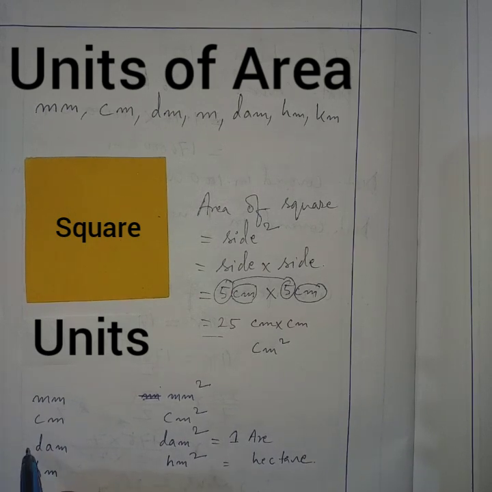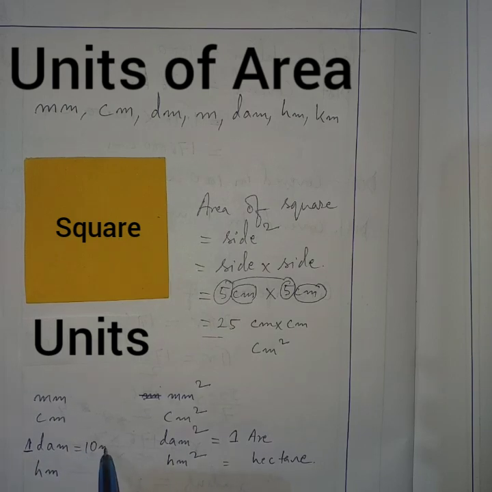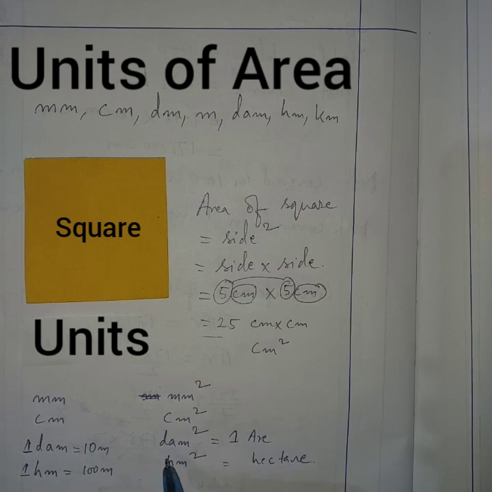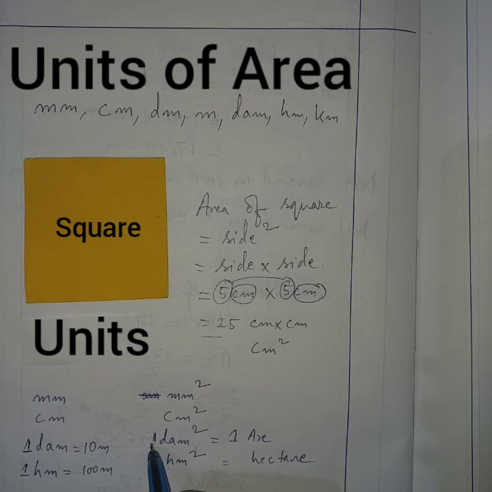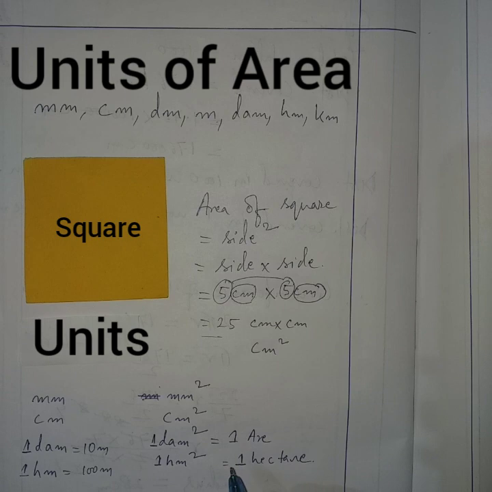Here, 1 decameter is equal to 10 meter, 1 hectometer is equal to 100 meter. So 1 decameter square is equal to 1 are, and 1 hectometer square is equal to 1 hectare. This you have to remember.